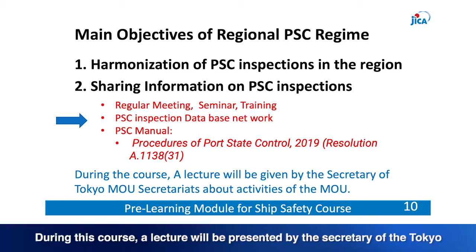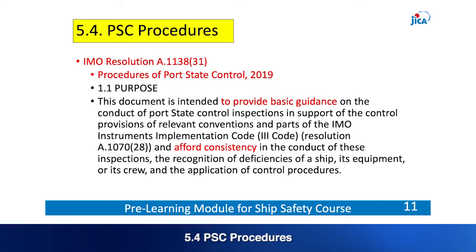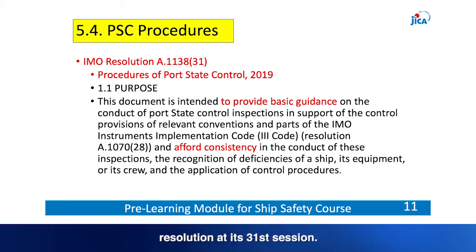During this course, a lecture will be presented by the Secretary of the Tokyo MOU Secretariats regarding their recent activities. 5.4 PSC Procedures. The IMO Assembly adopted the Procedures of Port State Control 2019 resolution at its 31st session.